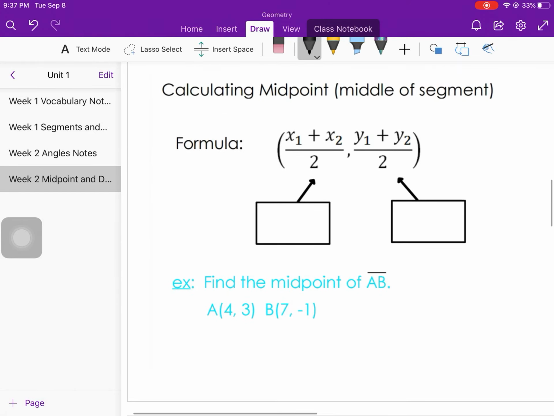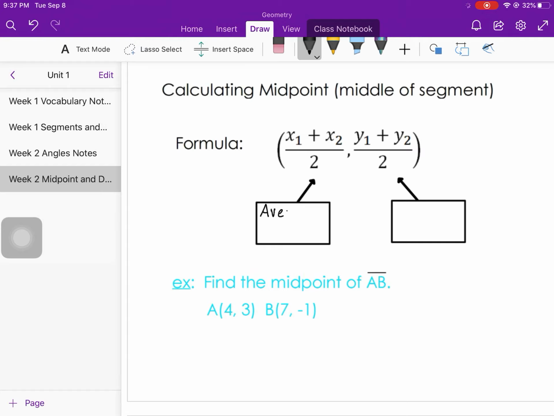Now, how do we actually calculate the midpoint? So when we calculate the midpoint, if you look at the first thing, it says x1 plus x2 divided by 2, y1 plus y2 divided by 2. What we are doing is we are looking at coordinate points. So we are adding up two x value coordinate points and dividing by 2.